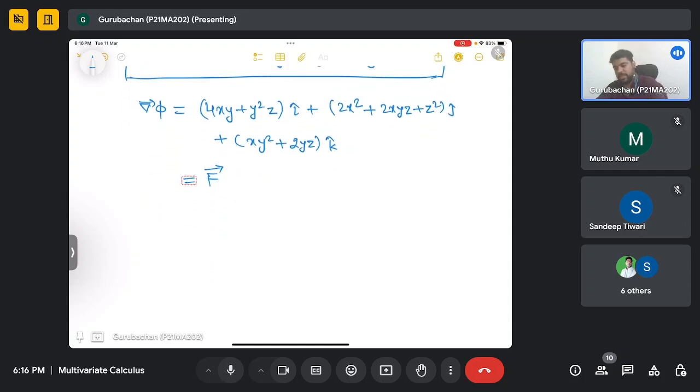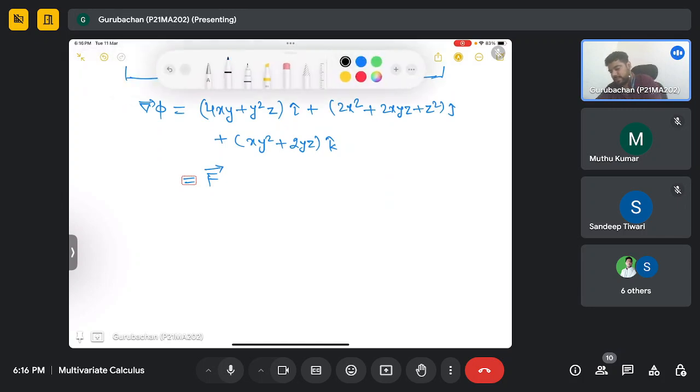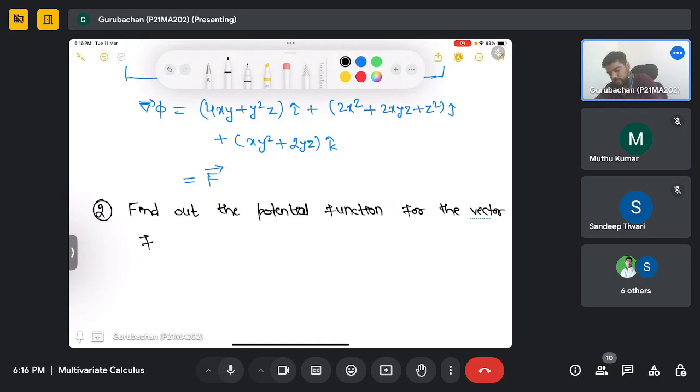So let me give you another glimpse by a second question. In this case again, find out the potential function for the vector field f equal to xy minus y to the power 4 i cap plus x square minus 3xy cube j cap.